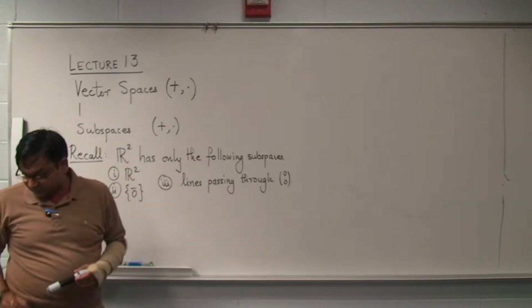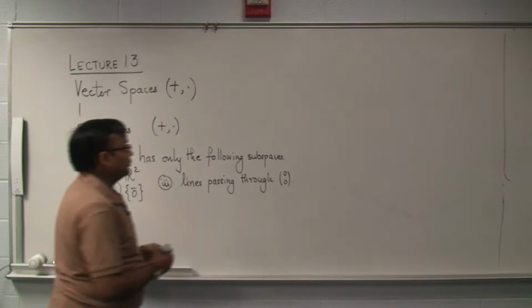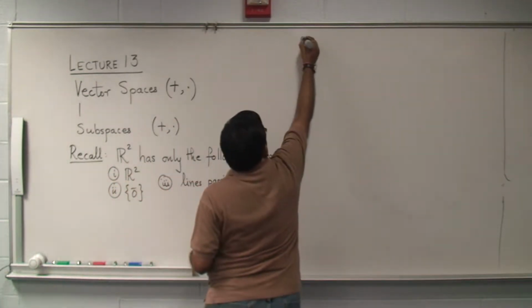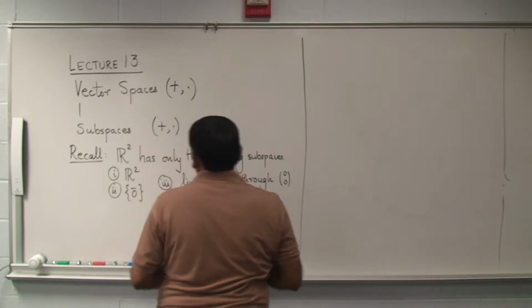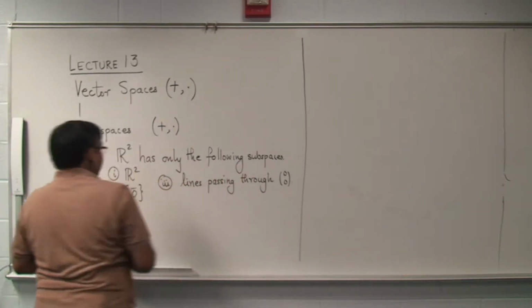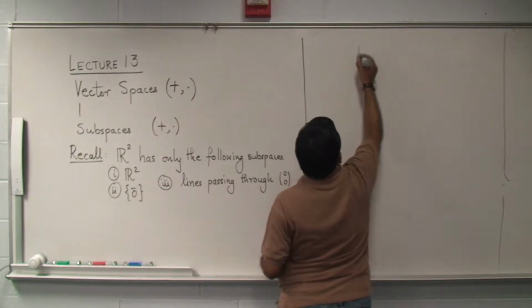Now the question is, will such a structure hold true in R3, R4? And the answer is yes, those structures will hold true even in R3, R4. You will have only a few subspaces. For example, in R3, these are the only subspaces we are going to have.